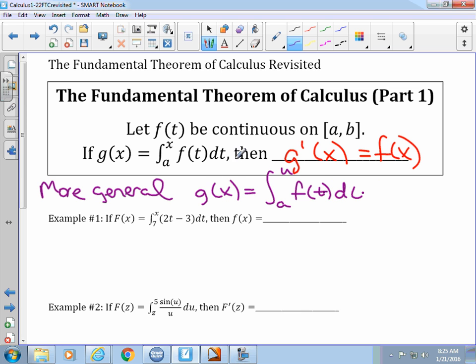That allows us to work with things like x squared. Do you know what I'm talking about? Yeah. Then g prime of x is f of u times u prime. Chain rule, right? Makes sense from the second problem we did.